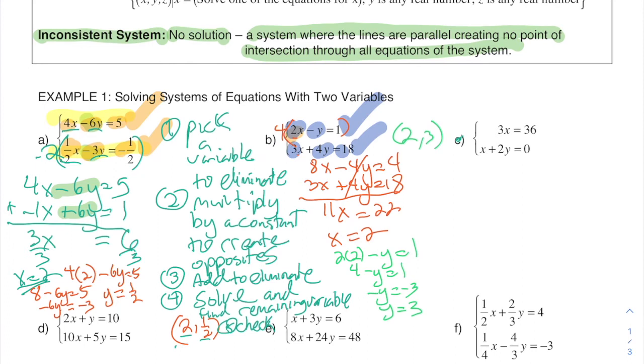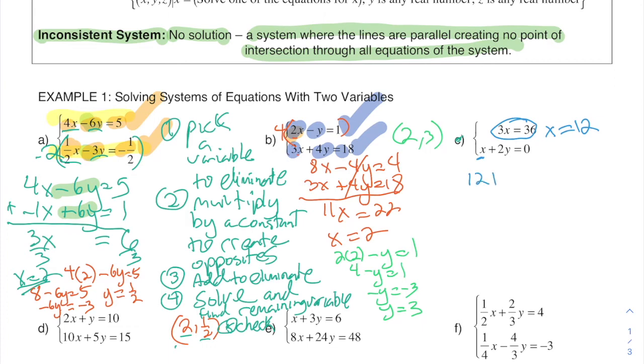All right, so now looking at C, this is the one time where I'd say, you know what, let's go ahead and do substitution here. So I'm going to solve for x. So x is equal to 12, and then I'm just going to substitute it into this equation here.